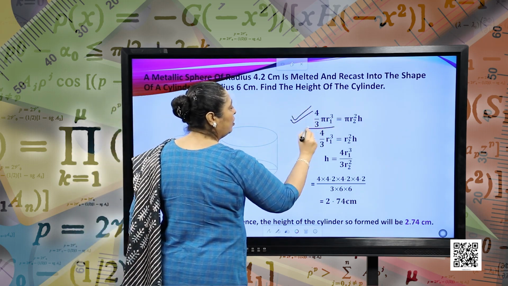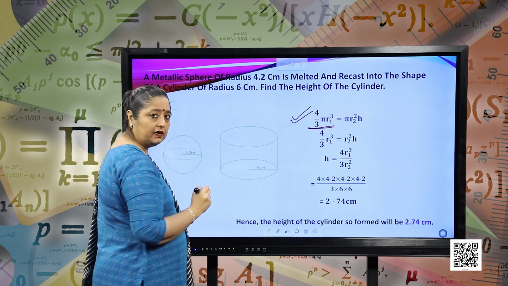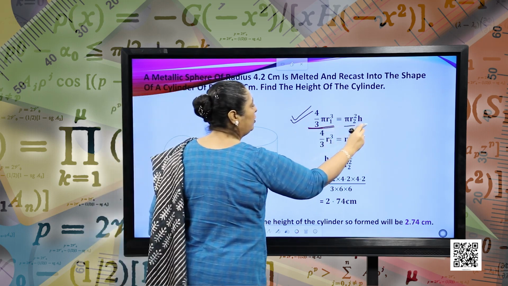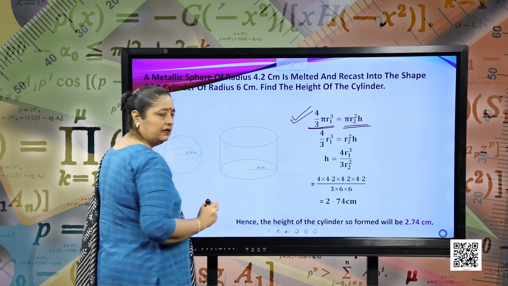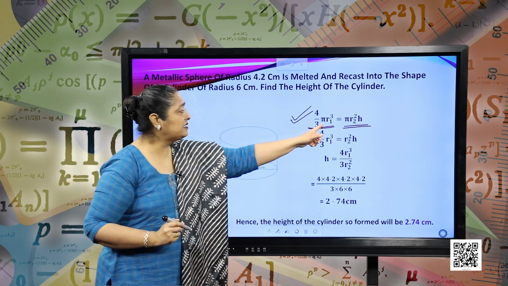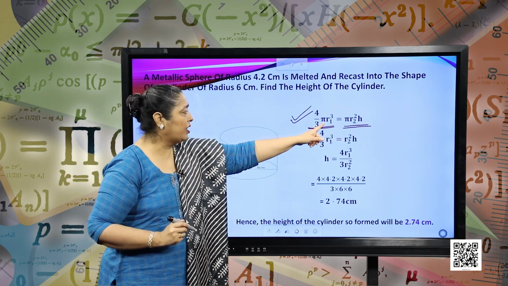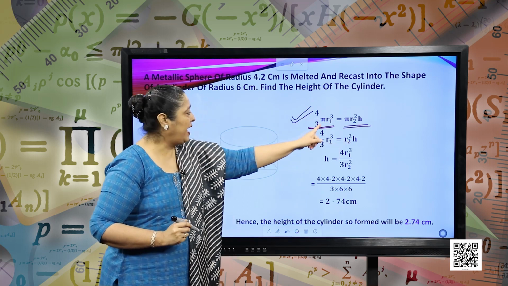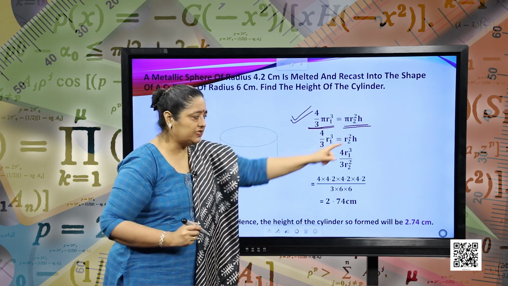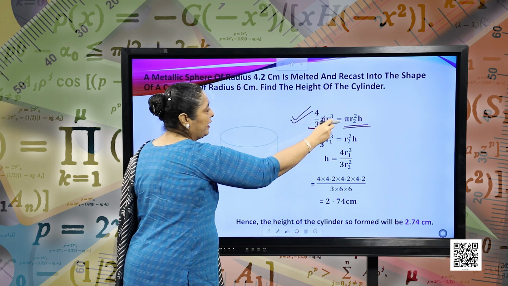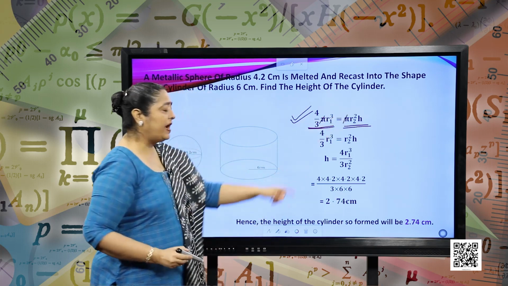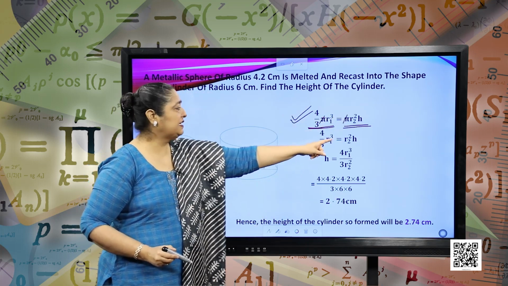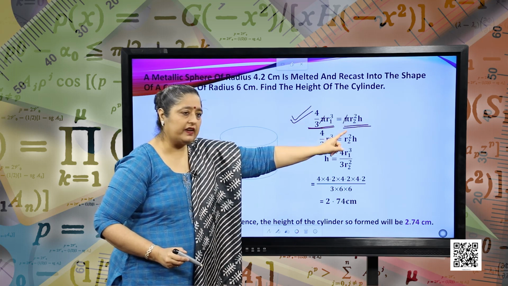Here the radius is different, so we have R1 and R2. Pi is the same on both sides, so we can cancel out pi and we have 4 by 3 R1 cube is equal to R2 square h.